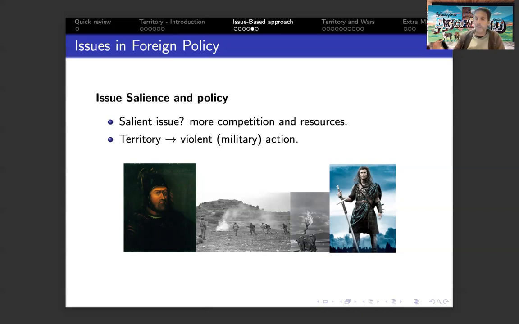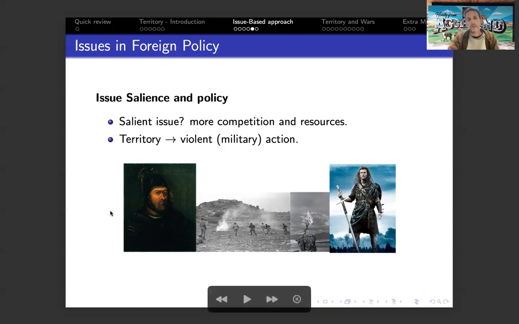So they are more likely to entertain riskier policy options, those that involve a higher degree of cost. And this kind of argument suggests that when it comes to highly salient issues, a militarized solution is highly likely, right? So when territories represent highly salient issues, a violent military action is more likely to be the outcome. That's the bottom line of their argument.